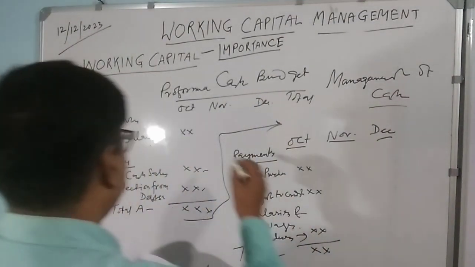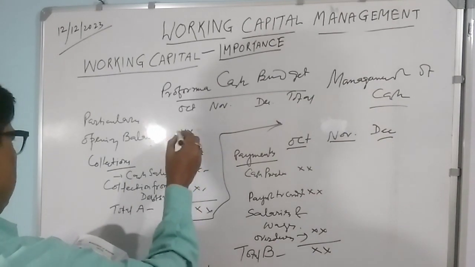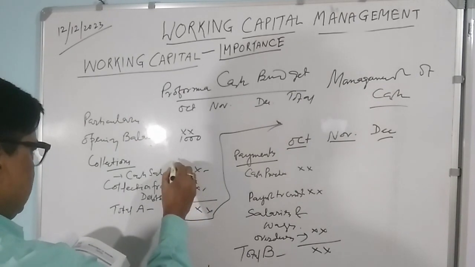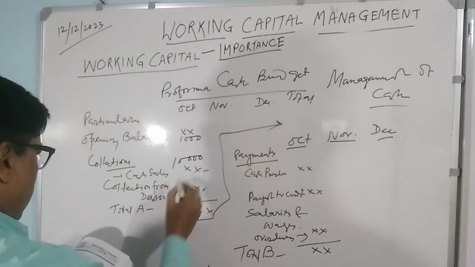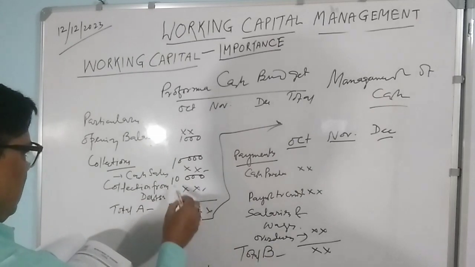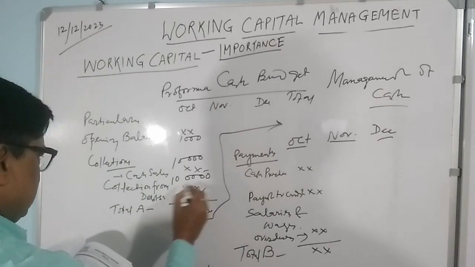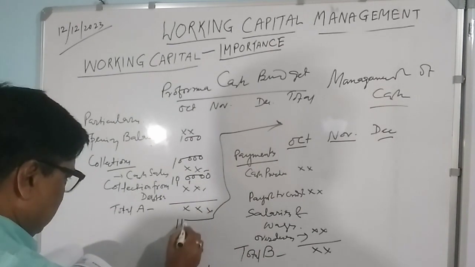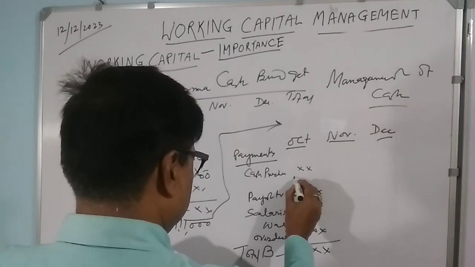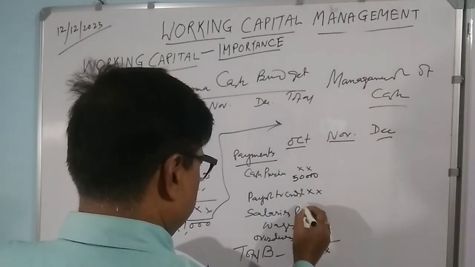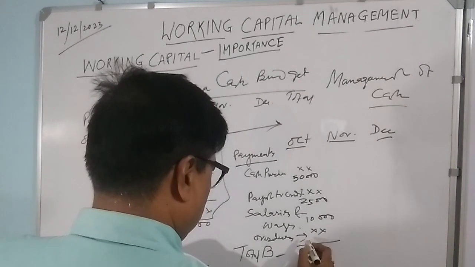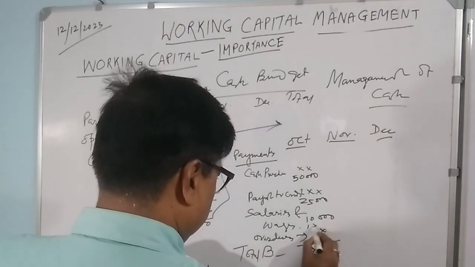Some figure. If you take an example, you have an opening balance of 1000 rupees, you have cash sales of 1000 rupees, and your collection from debtors, say 1 lakh. So 1,11,000. And your cash purchases, say you have made 50,000, payment to creditors 25,000, salaries and wages 10,000, overdues you have made, say 15,000.